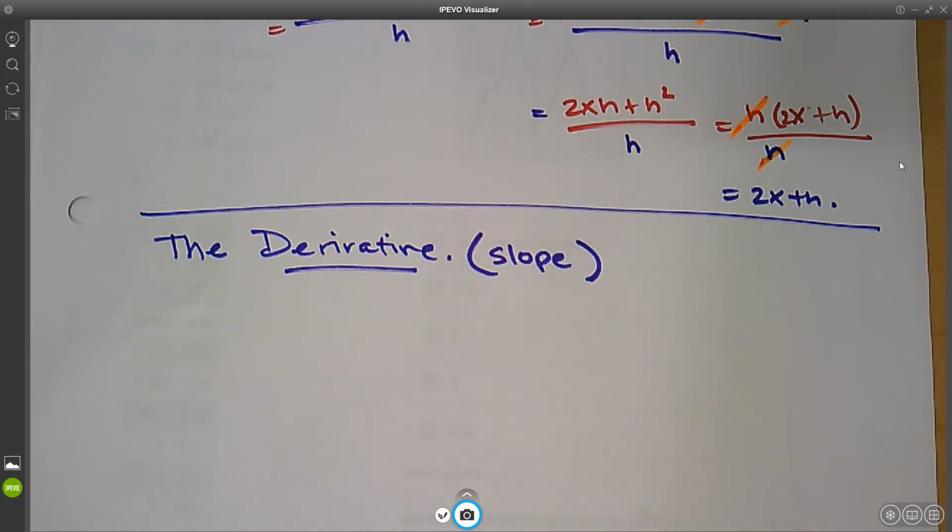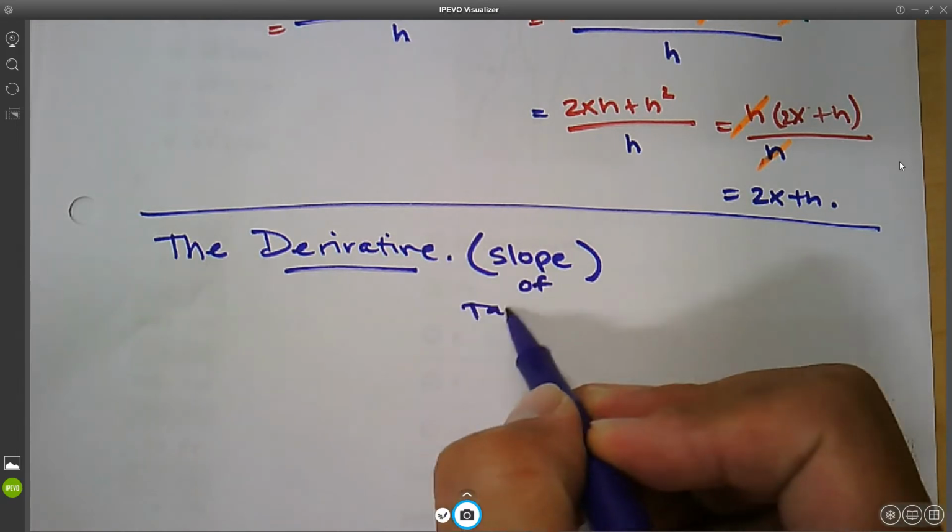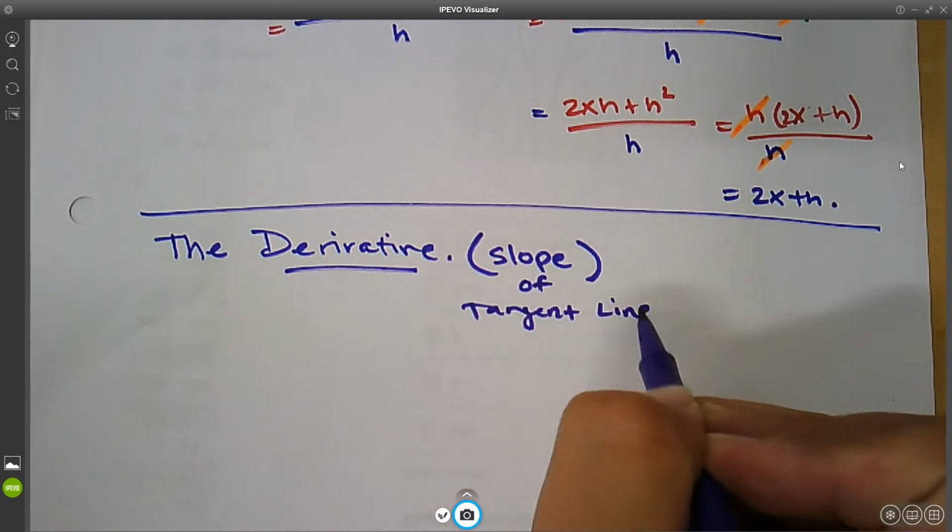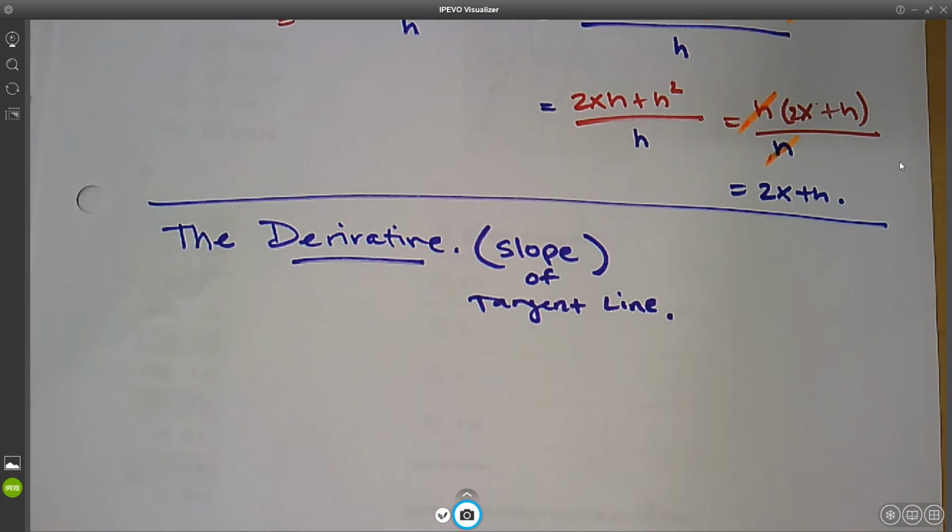But it's not slope everywhere. It's slope of the tangent line. So maybe we'll add that in. And the slope of the tangent line was at one point. So we also say that is called what? Slope is rate, but slope at one point is the instantaneous rate of change.